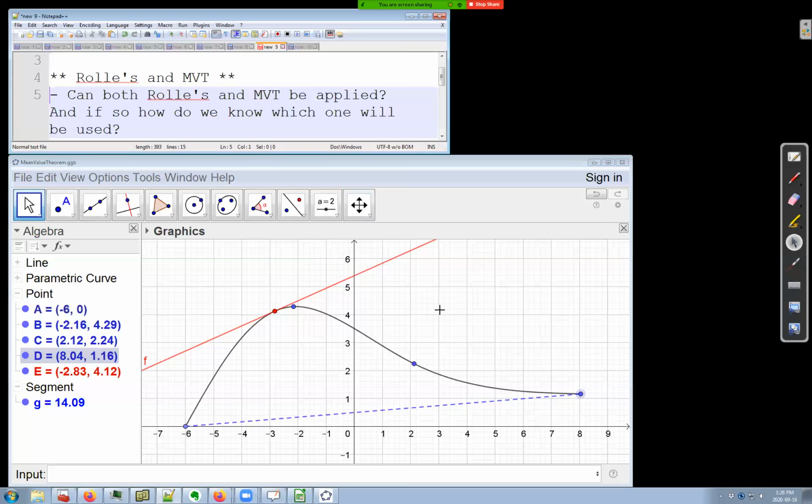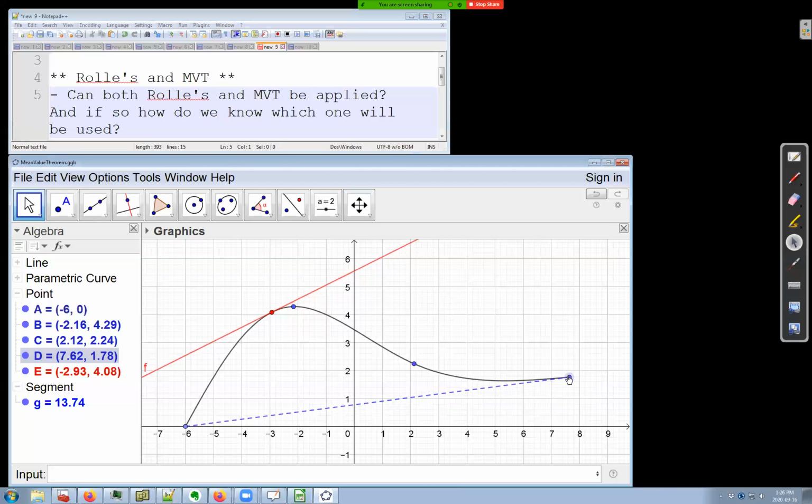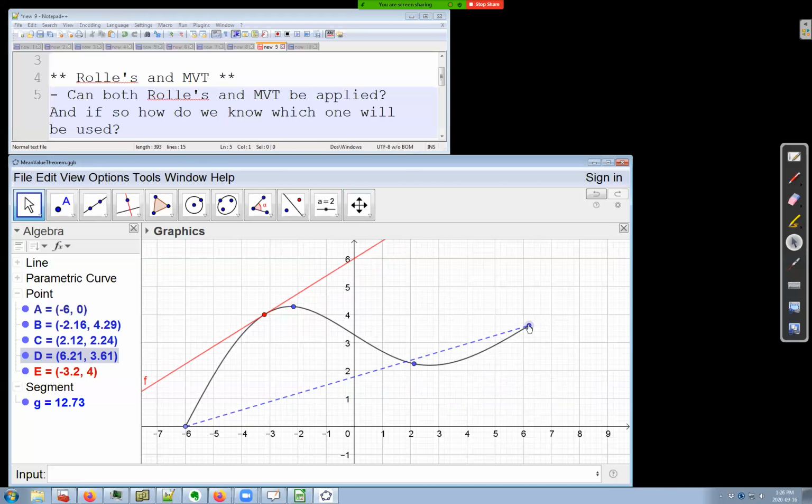What I'm demonstrating here is a picture about the mean value theorem. Suppose I have some weird function. This black curve is some weird function, and here's a tangent line. This red line is a tangent line. What the mean value theorem says is, notice there's this dotted line that connects the endpoints.